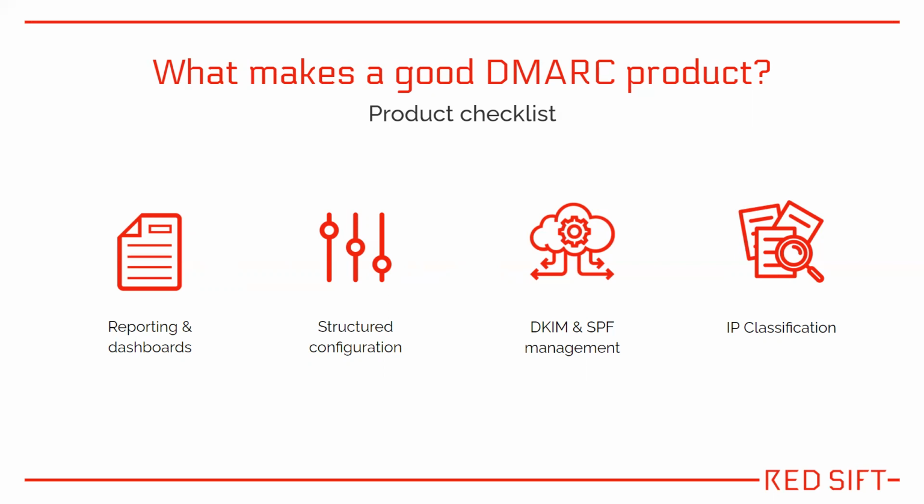DKIM and SPF management. Do they have a tool that can assist you in overcoming the 10 SPF lookup limit? And IP classification, the ability to use computing power and AI to validate sources and classify these sources. These are very important things which make your DMARC journey much simpler and much easier.